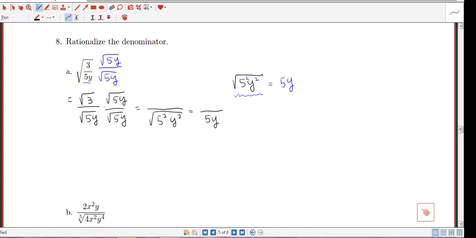So the magic quantity that you have to multiply is square root of 5y on top and the bottom. Now don't forget the numerator. On the numerator, we got square root of 3 times square root of 5y, so you're going to have square root of 15y. 15 does not contain any perfect squares, so this is going to be the answer right here.